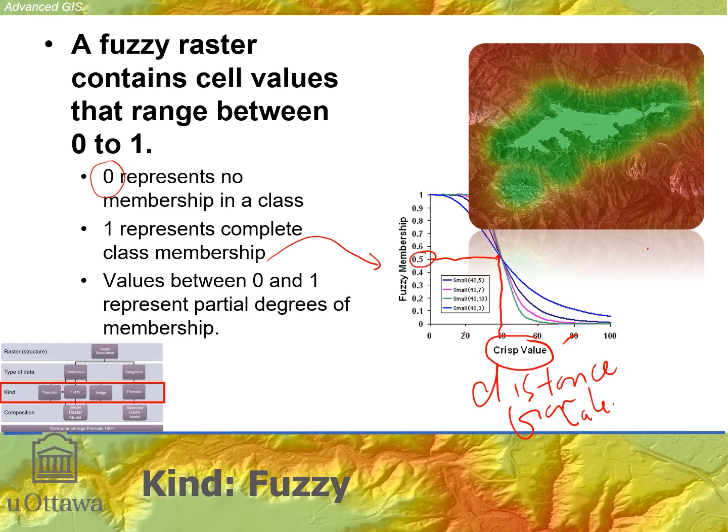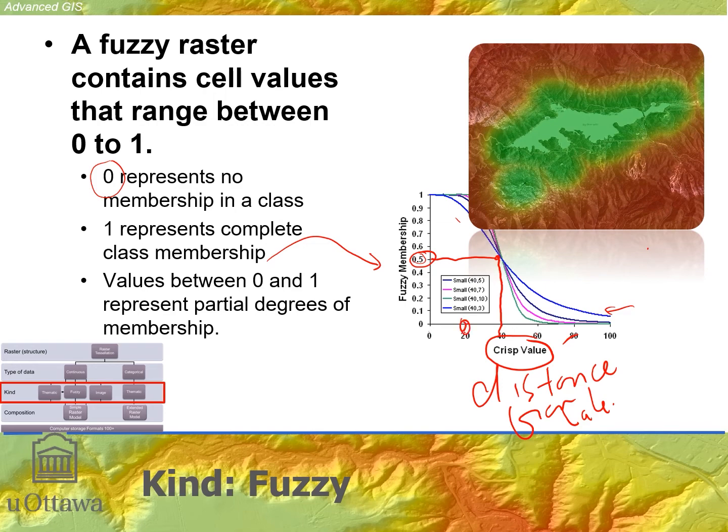And we've decided for some logical reason that this blue line is the best form for, let's say, determining nesting habitat according to distance from lake for this type of eagle that's represented in this raster up top. So we go from 40, for example, and then we say 0.5. So at 40 kilometers, the membership in likelihood for nesting habitat is 0.5.